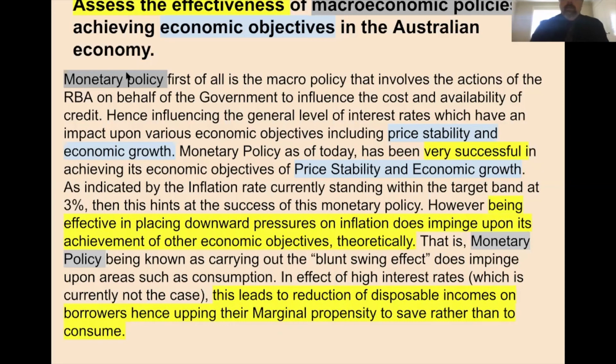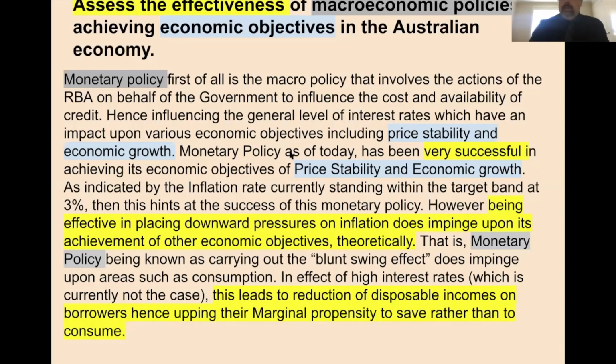We've given a definition. It's always a good way to start. We're looking then specifically at monetary policy, interest rates, interest rate policy, and we've made the connection to price stability and economic growth.